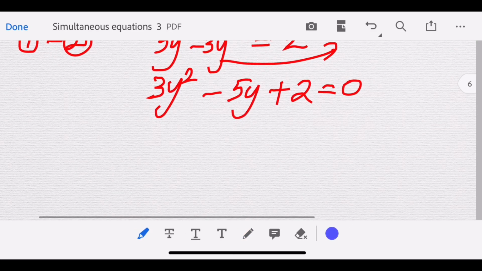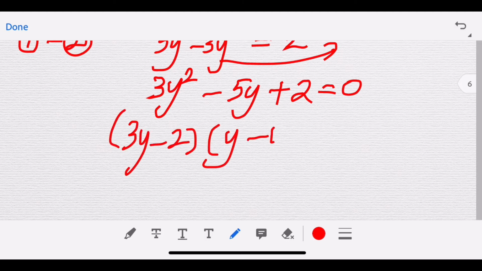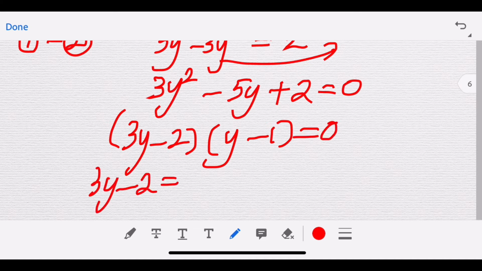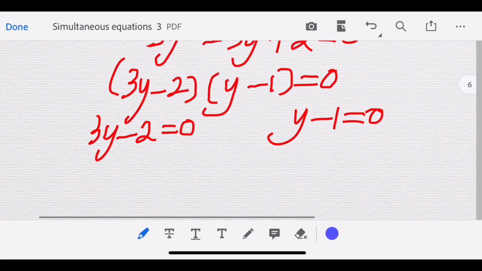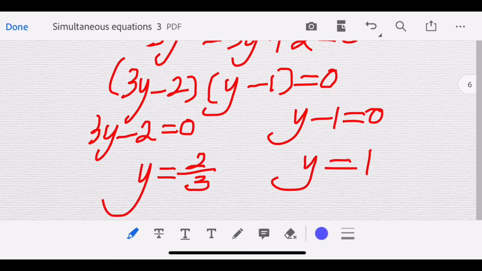Then we just factorize: 3y minus 2, y minus 1 equal to 0. So 3y minus 2 equal to 0, and y minus 1 equal to 0. Hence, we get y equal to 2/3 and y equal to 1.